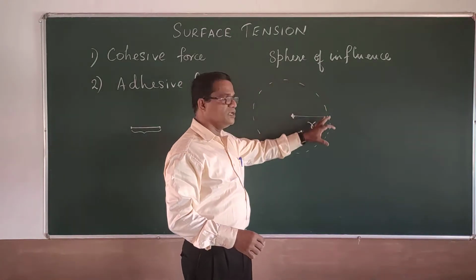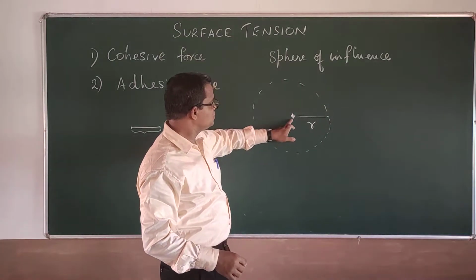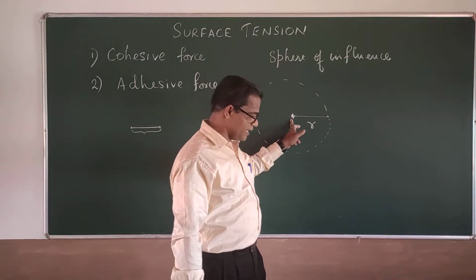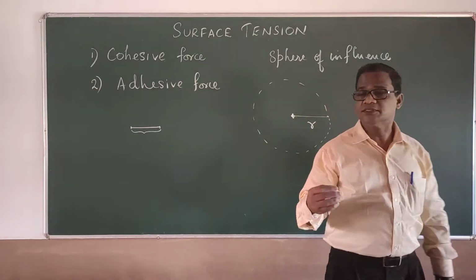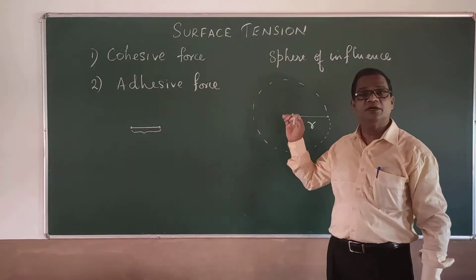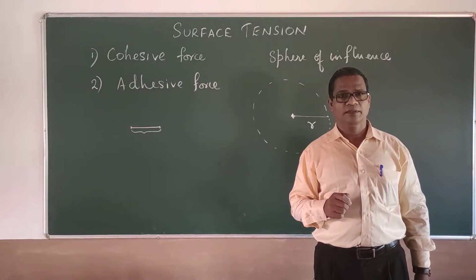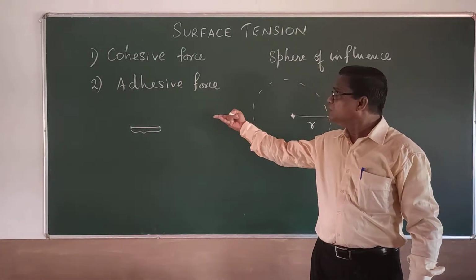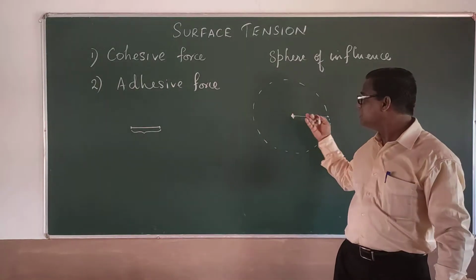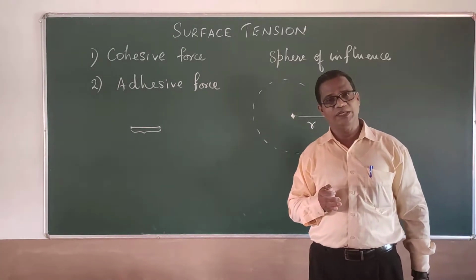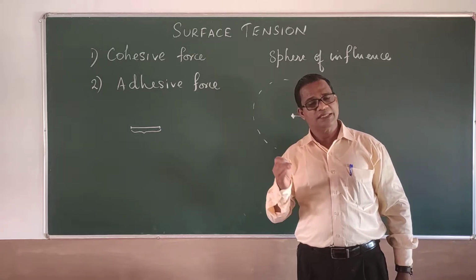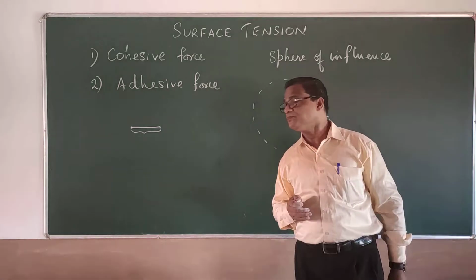That imaginary sphere, over which the molecule can exert its influence, we call the sphere of influence. So, range of the force and sphere of influence are the terms coming along with it.